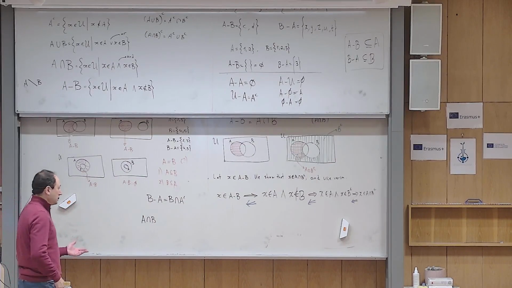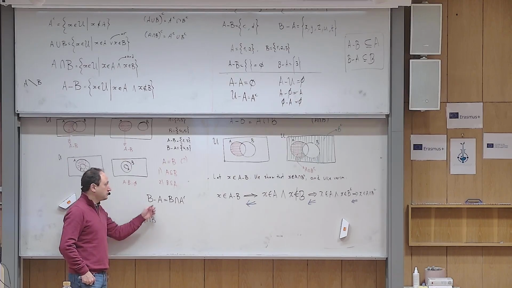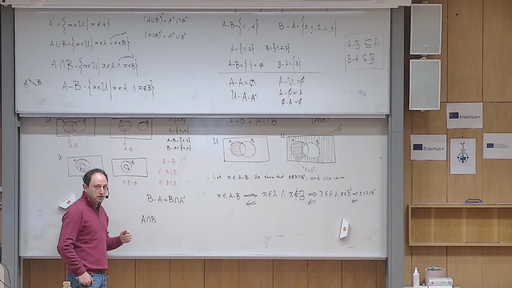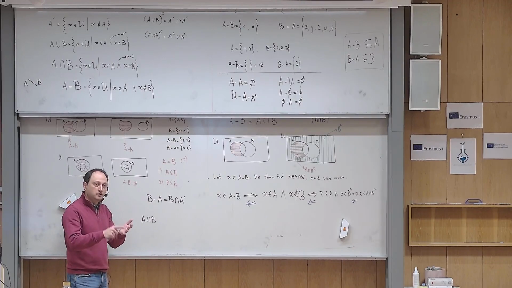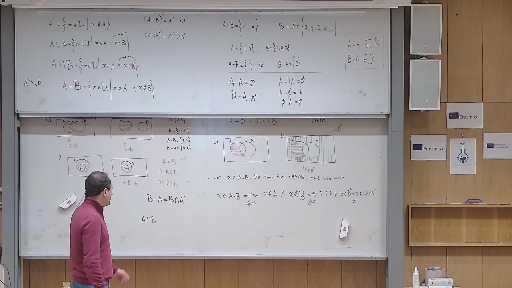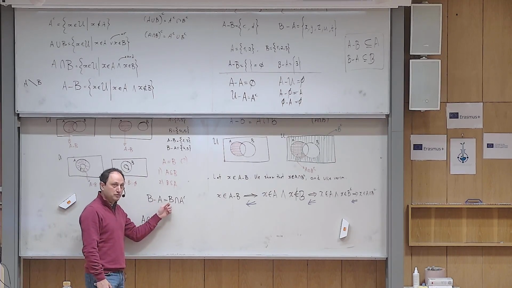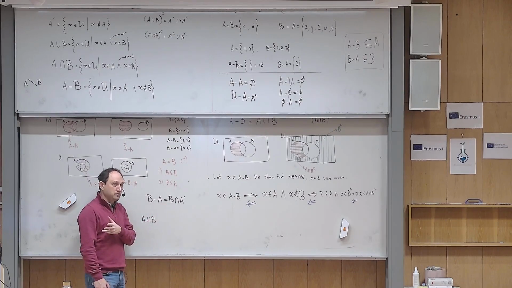This is just a curiosity, because usually this is not useful. Usually the useful one is to transform subtraction into intersection. Why? Because we know a lot of rules for intersection: commutativity, associativity, distributivity, De Morgan laws, a lot of laws. So getting rid of subtraction in favor of intersection is good, because I can use a lot of rules.